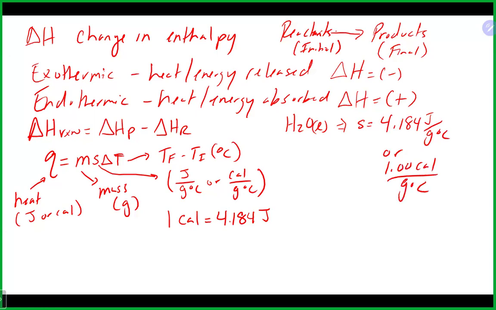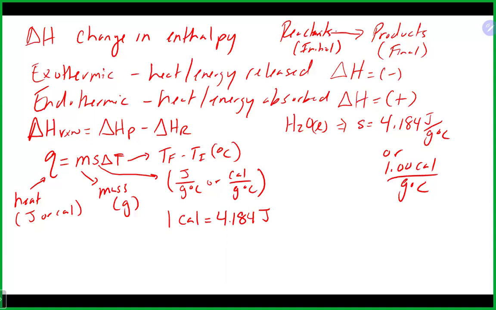As we saw in that table, if it is in a different state like ice or steam, it will have a different value. For water, it's closer to 2 for each of those. You can plug it into here and solve for any of those things: Q, M, S, delta T.